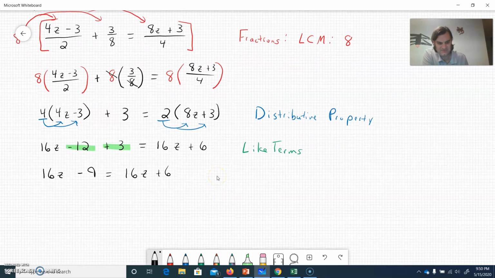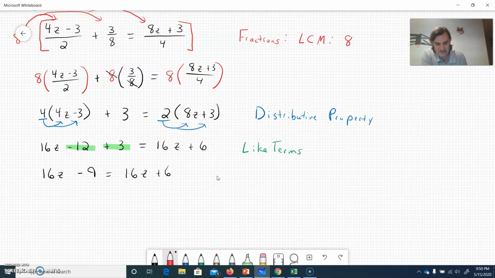You can do this one of 2 ways. You can jump to the step I like to do, which I call add or subtract across the equals, where I try to get all my z's on one side and my non-z's on the other. I would want to move 16z, so I'll subtract 16z from both sides.